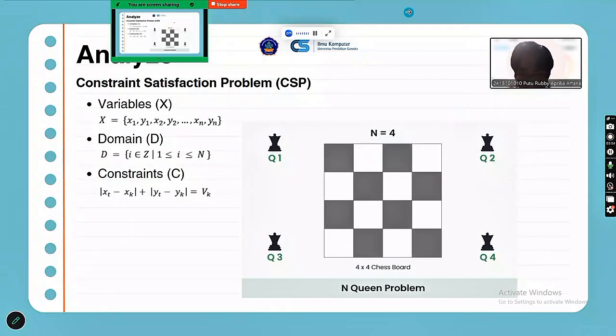Okay, so if we explain the CSP in this n-queens problem, the variable will be the queen. As you can see here, because the area is n equals 4, the maximum number of queens that we can input in this area is 4 queens.